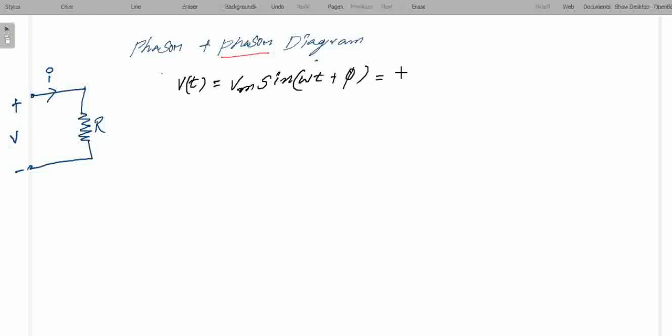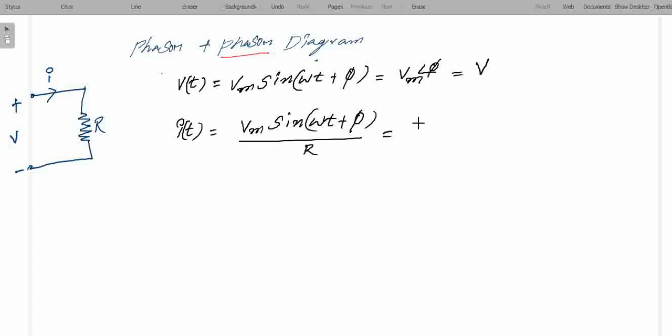This can be written in polar form as Vm with an angle phi, or simply capital V. Then the current through the resistor, according to Ohm's law, is voltage by resistance: I of t equals Vm sin(omega t plus phi) by R. This can be written as Vm by R into sin(omega t plus phi).